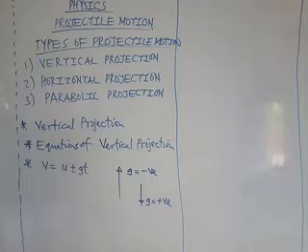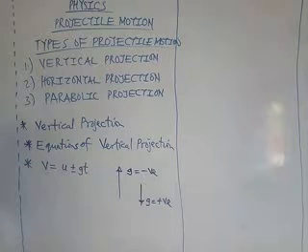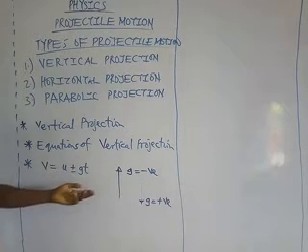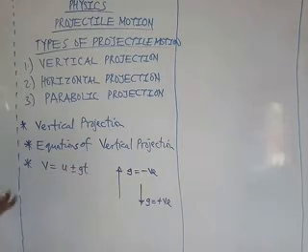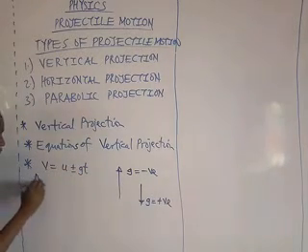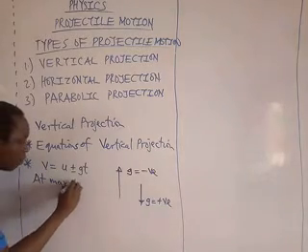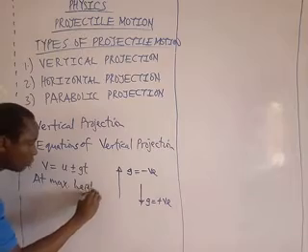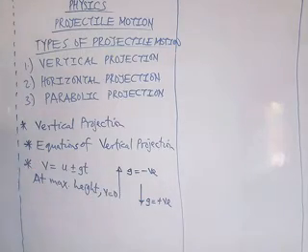With this expression, we can come up with a formula for calculating the time that the body uses to get to its maximum height. When the body is at maximum height, V automatically becomes 0.